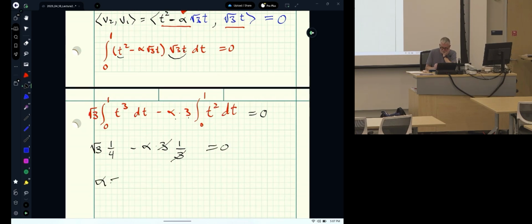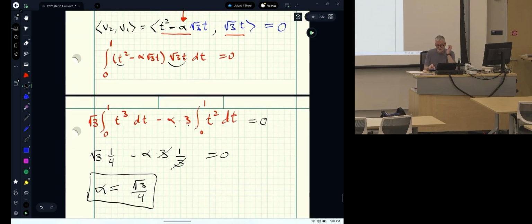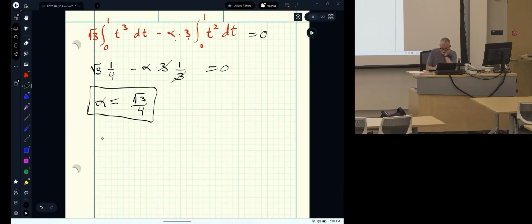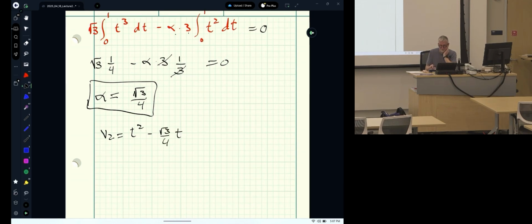So there's the value of alpha that makes the two functions orthogonal. So you end up with V2 is U2, which was t squared, minus alpha square root of 3 over 4 times t.